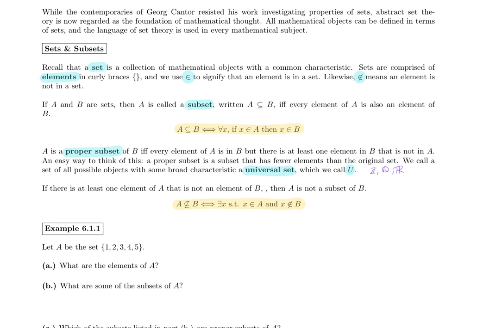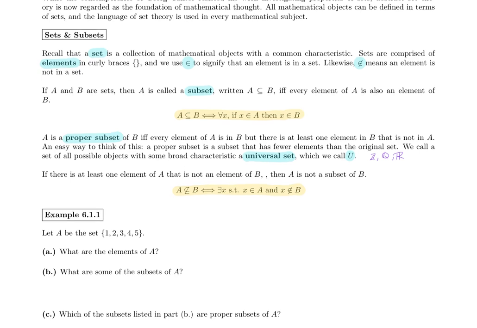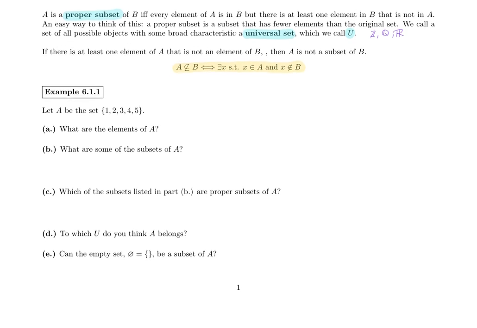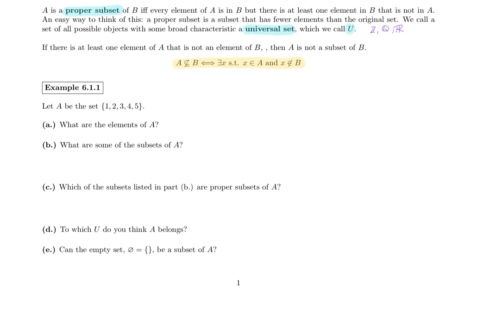So if we looked at, say, example 6.1.1, we have A as the set 1, 2, 3, 4, 5. And part D says, to which universal set do you think A belongs? Well, that could be that A is just our universal set, 1, 2, 3, 4, 5.